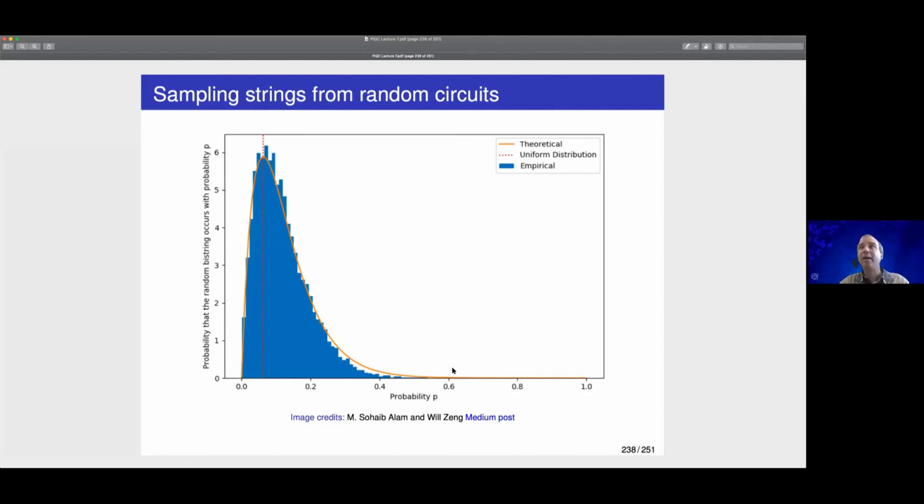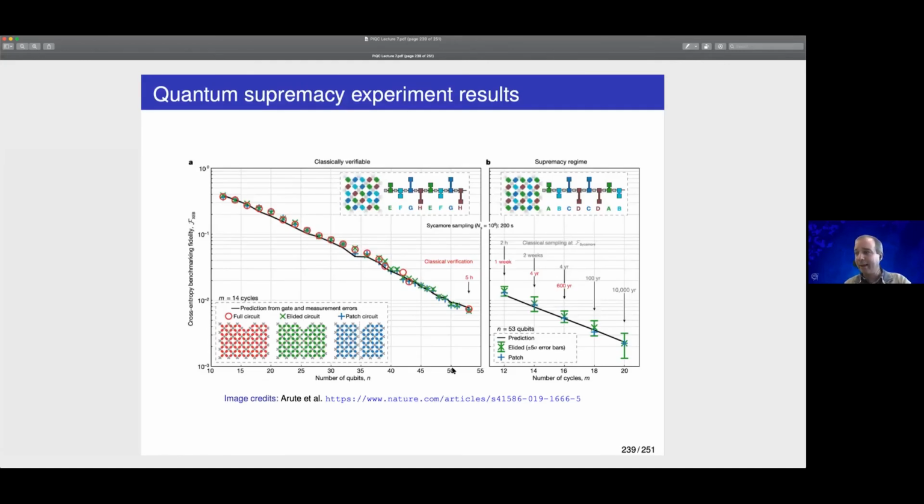And it's very difficult to sample from that distribution with a classical algorithm. In fact, it can be shown that there is a measurement that is called the cross entropy, that in the perfect simulation of quantum circuits should give you 1, and with a uniform distribution instead of the real distribution of the strings that you obtain from the random circuits, it should give you 0.